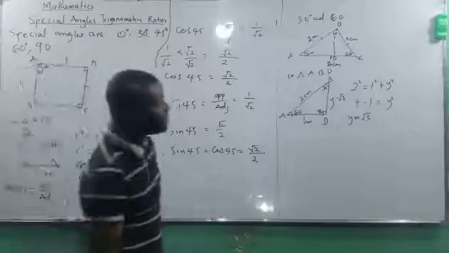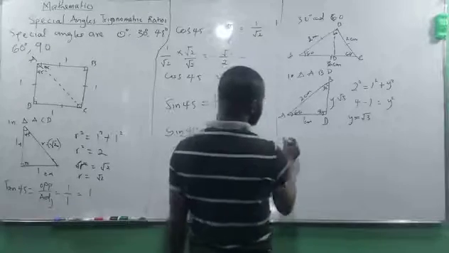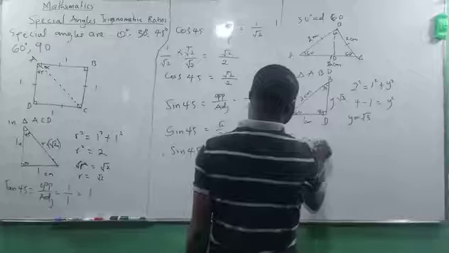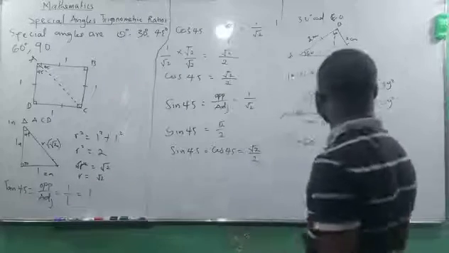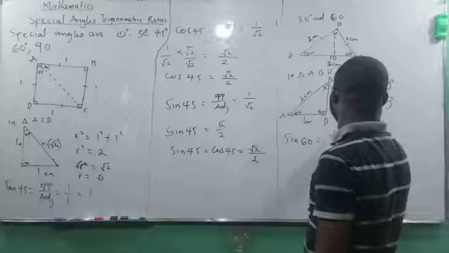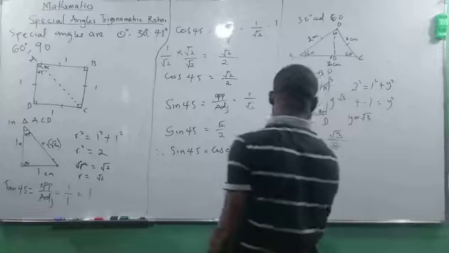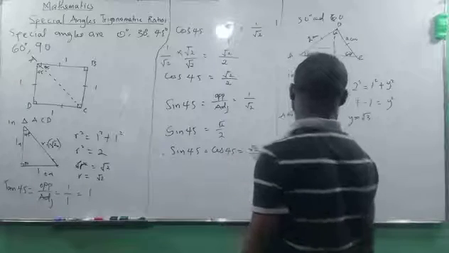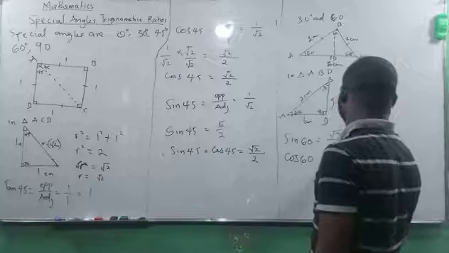Now, for me to have that, I can now continue by having sine 60. What's my sine 60? It will be opposite all over hypotenuse, root 3 all over 2. Now, cos 60 will be adjacent all over what? Hypotenuse, which is going to be 1 all over 2.